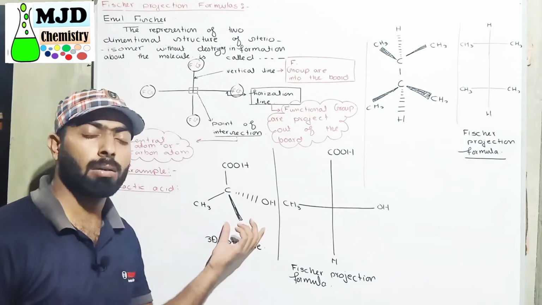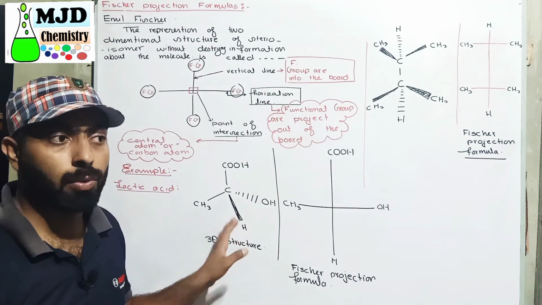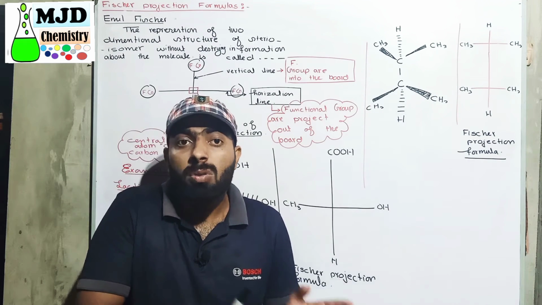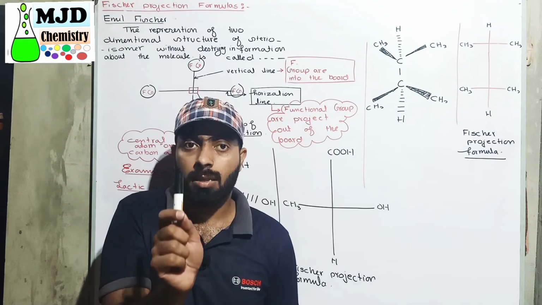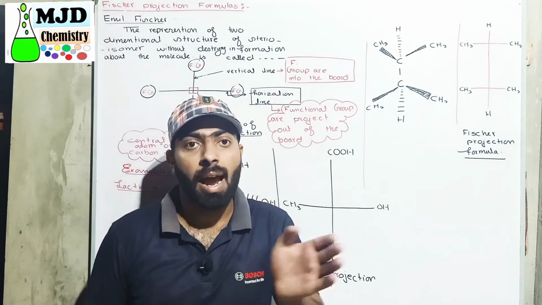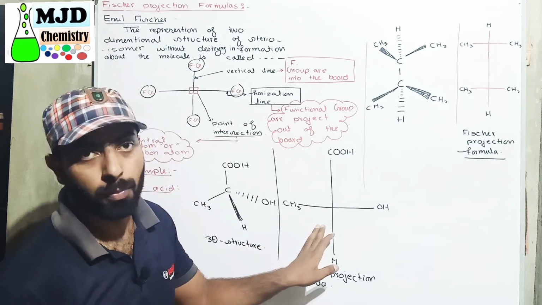This is a simple structure, but when we draw a long structure, then we waste a lot of time. To save our time, science always provides easiness and convenience. For this purpose, we draw a Fischer projection.